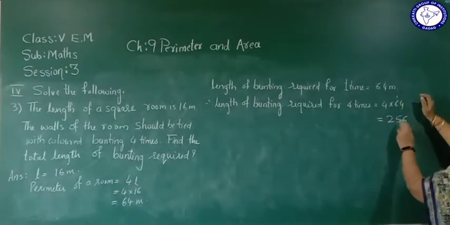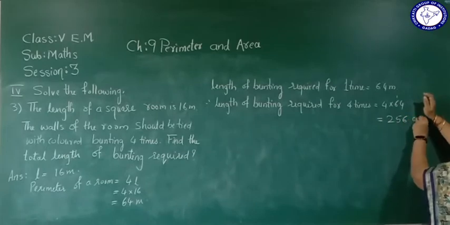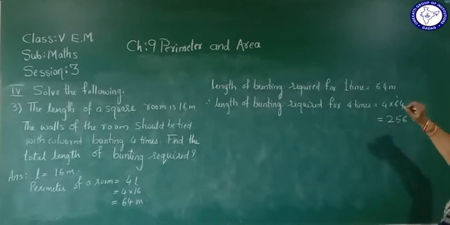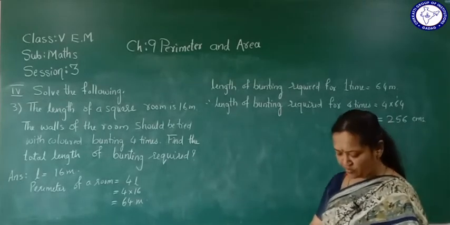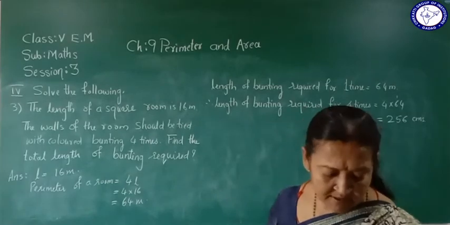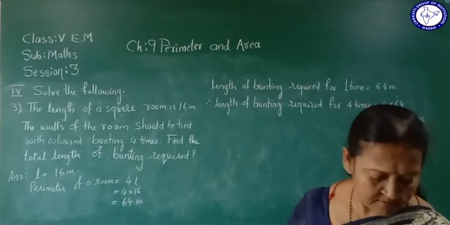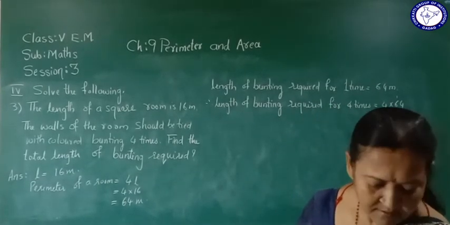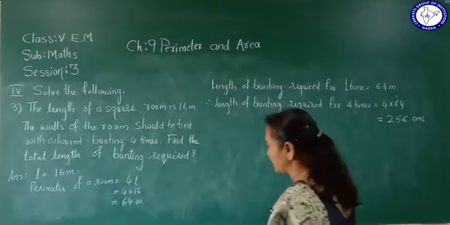So here 256 meters of bunting wire is required to decorate one room. Now here we completed perimeter of a square.